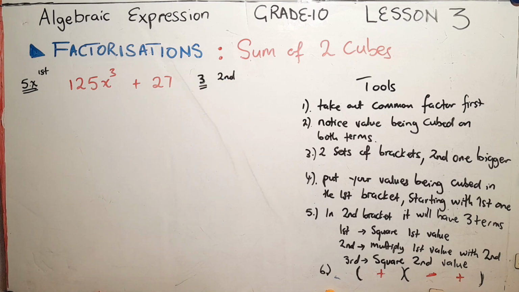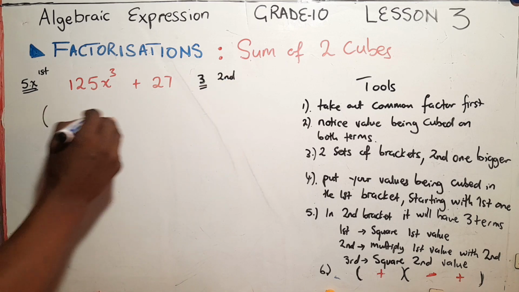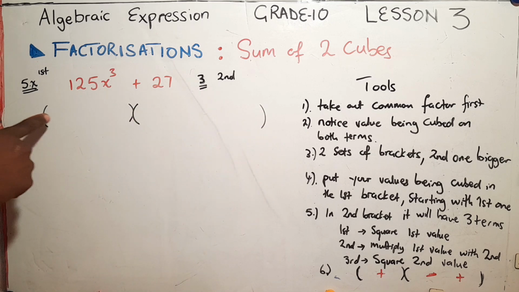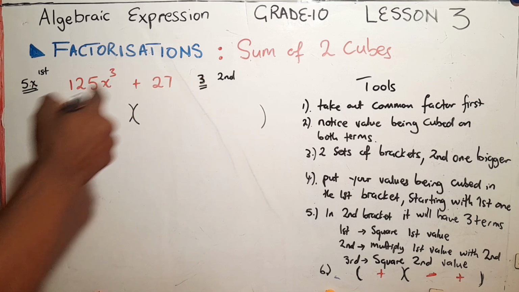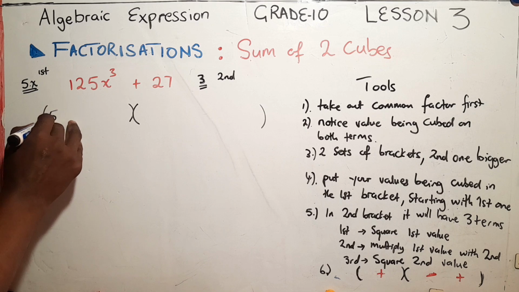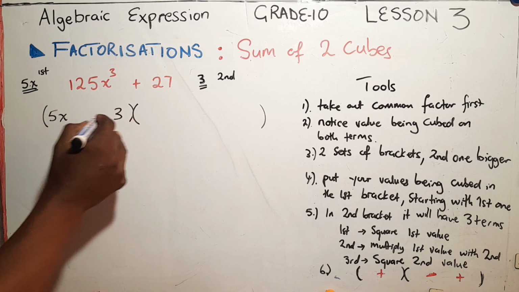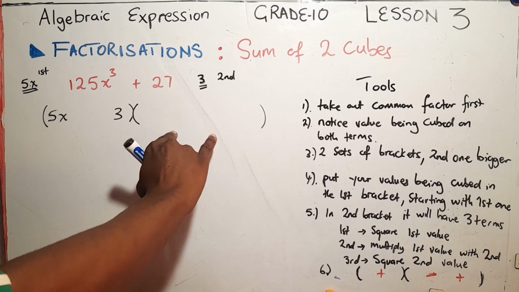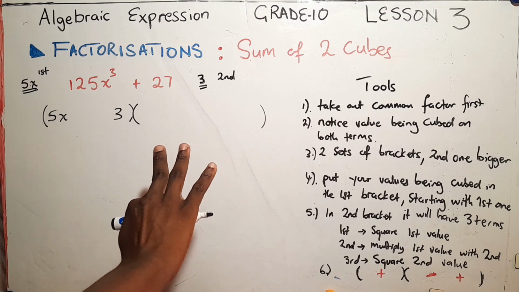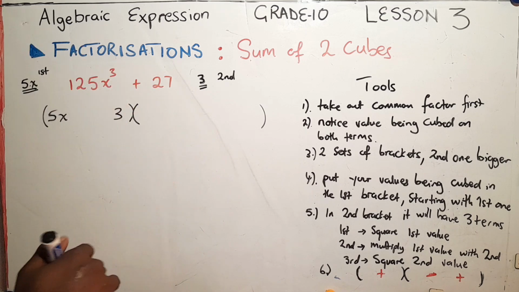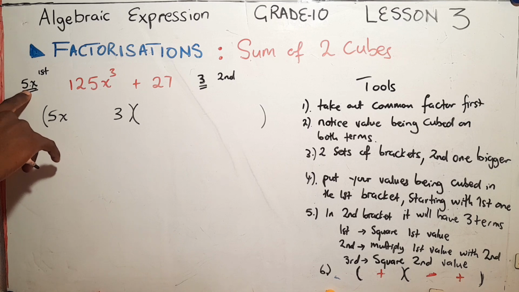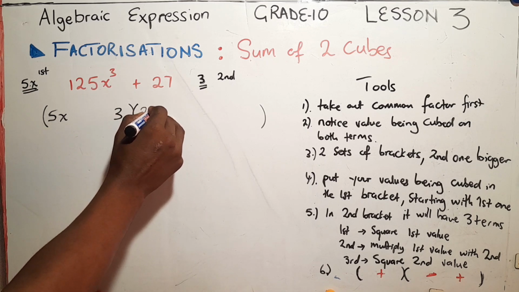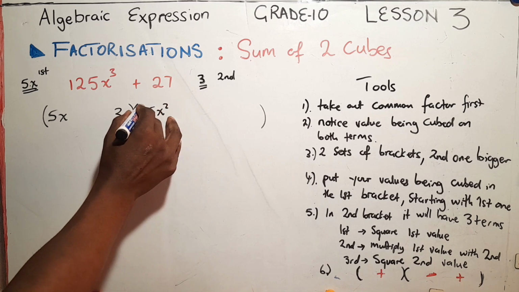So now we can set up our brackets, the one smaller than the other, like that. In the first bracket, we are just going to put these values, the first and the second. So that will be 5x, plus 3. And then in this second bracket, we are going to have 3 terms. So how do we find our 3 terms? First, we square this first value. So 5x squared gives us 25x squared.